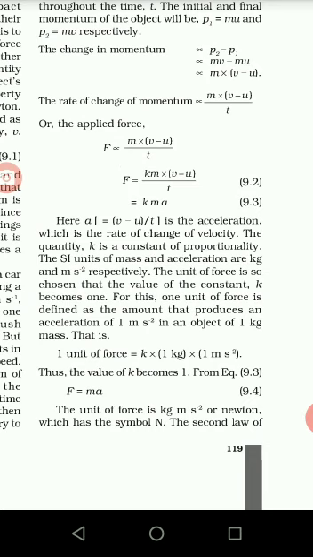Now from the above equation, F equals kma, putting the values of m, a and F, k equals 1. By putting the value of k as 1, the above equation becomes F equals ma. It means force is equal to mass into acceleration.